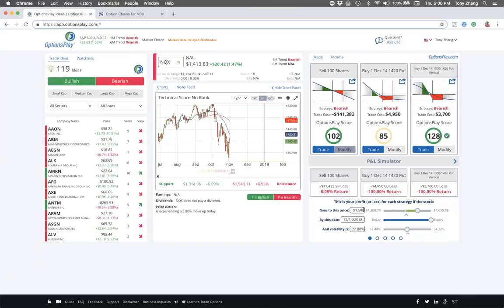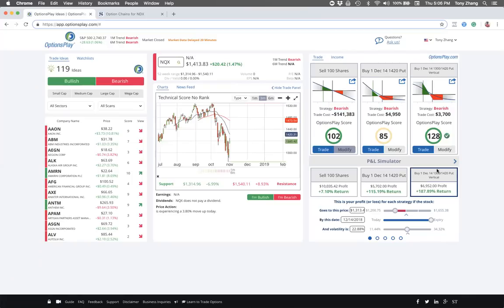So let's say it's going to go back to 1,475, the 50-day moving average. As you can see here, you lose $4,900, you lose $3,700. And you weigh that against what happens if it goes down to that 13.15 level. How much money do I make? Well, I can make $6,900 if it does go down to that.